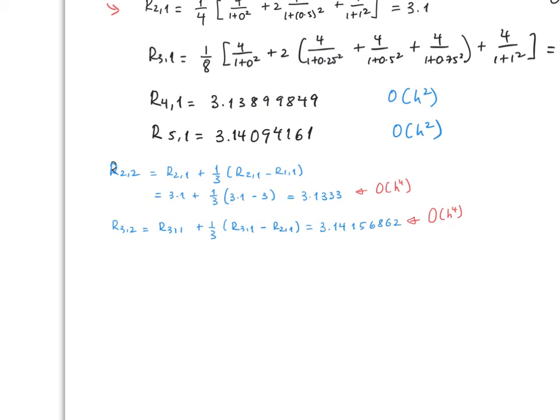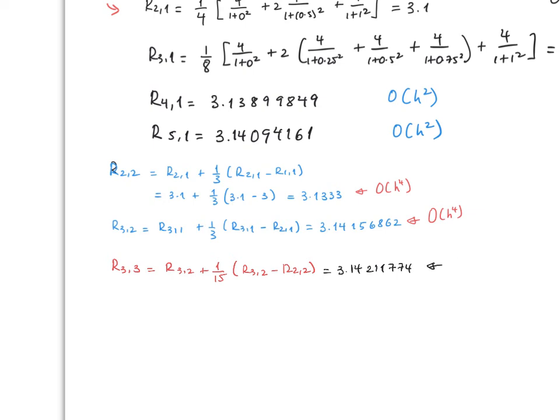So now if you want to find precision of big O of h to the 6, then we will need to find R33. So R33 will be R32 plus 1/15 times R32, which we already have now, minus R22, which we also have. And once you plug in the values, this is equal to 3.14211774.